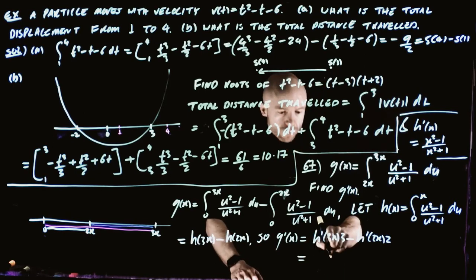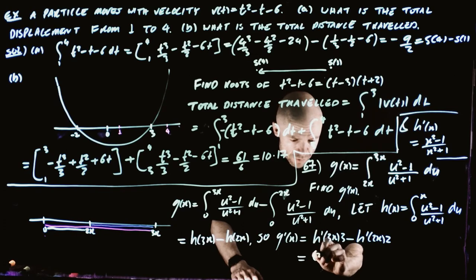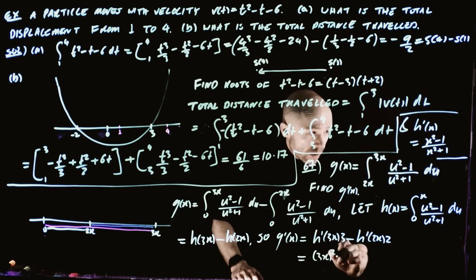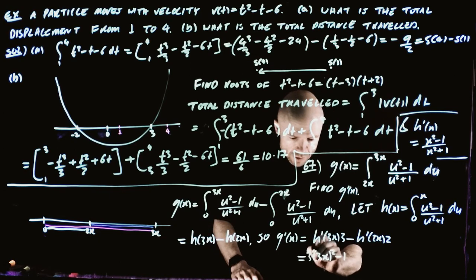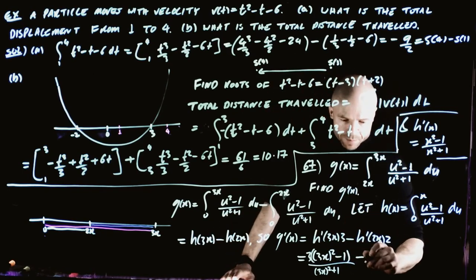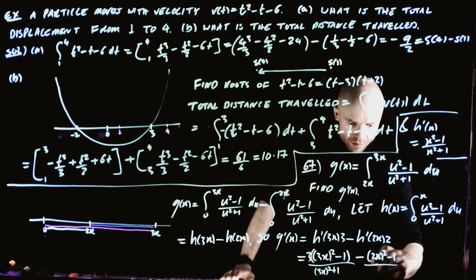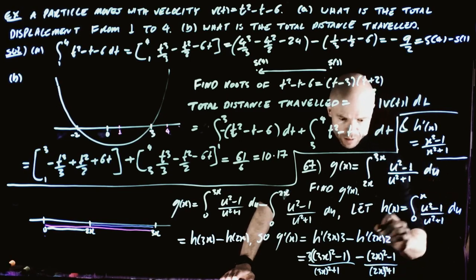So h prime of 3x is 3x squared minus 1 over 3x squared plus 1, everything times 3. And then minus, put the 2x inside, 2x squared minus 1 over 2x squared plus 1, and then we're multiplying it by 2.